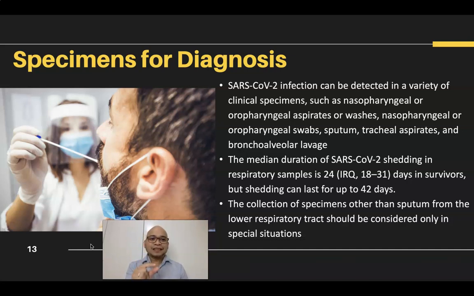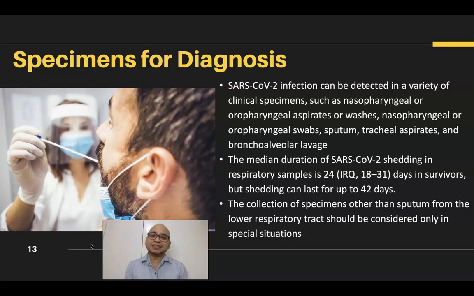So nasopharyngeal or oropharyngeal swab, sputum, tracheal aspirates, and bronchoalveolar lavage. Aspirates and lavage are more invasive, so of course swabbing would be more convenient and less invasive as compared to aspirates and lavage.